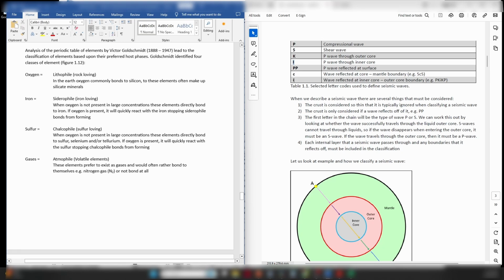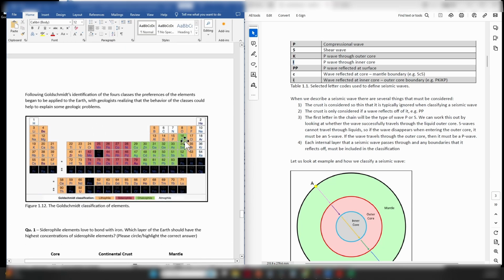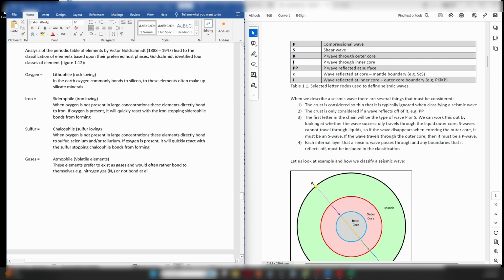Next, we have the chalcophile elements. These are sometimes referred to as the sulfur-loving elements, but they won't just go with sulfur. So if we just come down to the periodic table again, you can see there's sulfur, okay? But these elements will also follow selenium and tellurium as well. And so just like the siderophile elements, these elements will want to go with sulfur, tellurium, or selenium, unless there's oxygen around.